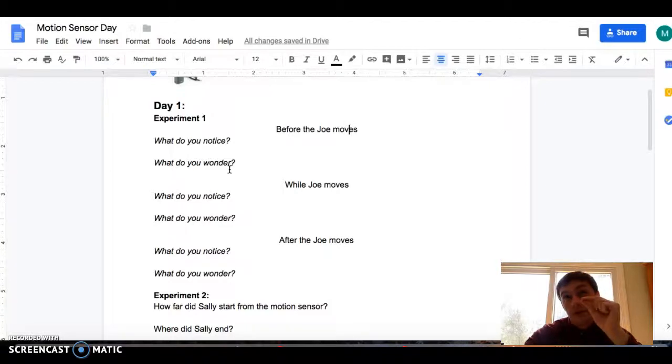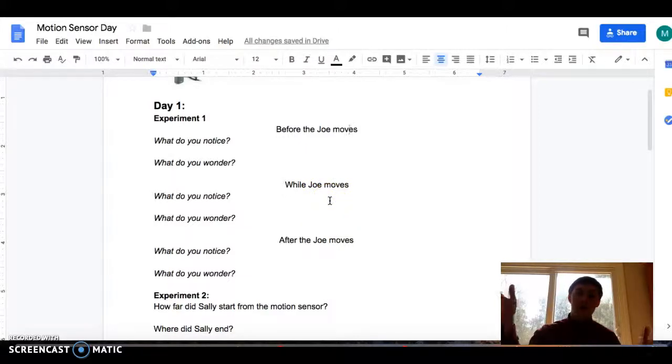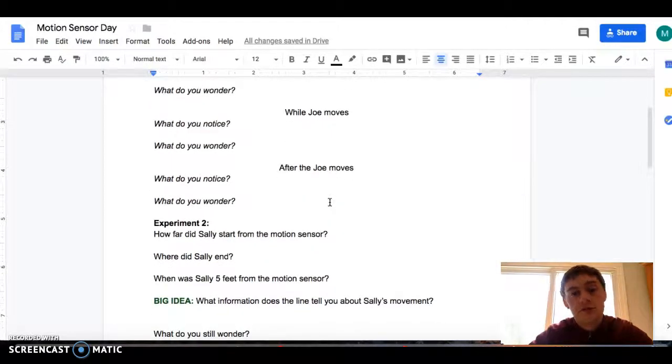While Joe's moving, the motion sensor is going to actually track in real time Joe's motion, which is an incredible graphical concept showing that a graph tells you information. Where is Joe at a certain time? They give you tons of times, tons of points. It's all great information. A key concept that I really want to hone in on in this lesson for students.